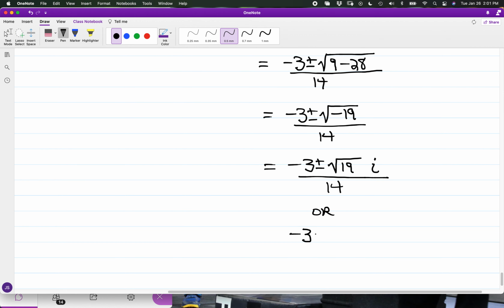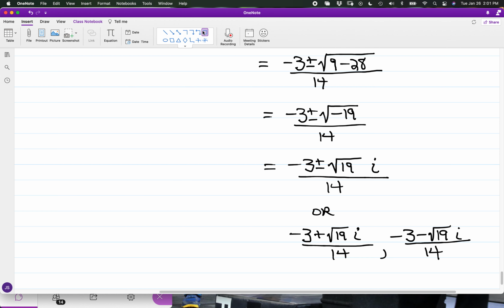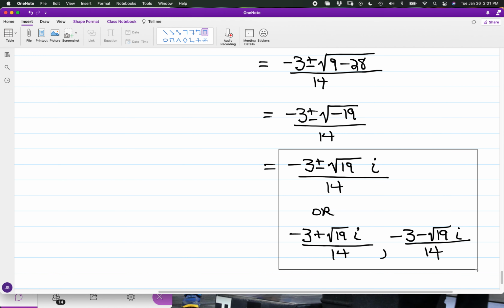And if I were to separate the addition from the subtraction, we have negative 3 plus the square root of 19 times i all over 14, as well as negative 3 minus the square root of 19 times i all over 14. And those would be the results in this case.